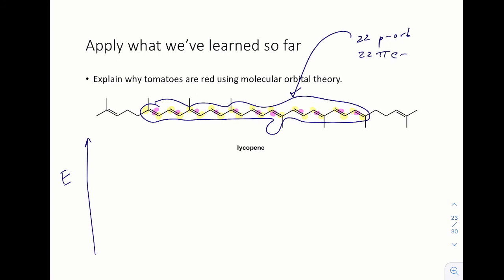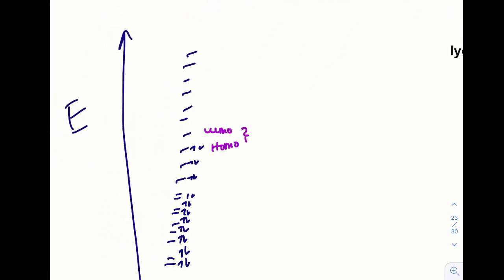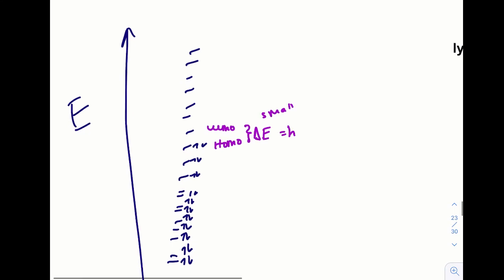Wow, 22 p orbitals. Well, these p orbitals are going to be very close together in energy. What that means is that the difference in energy between the HOMO and LUMO of this molecule is going to be quite small. And in fact, it is going to correspond to visible light.